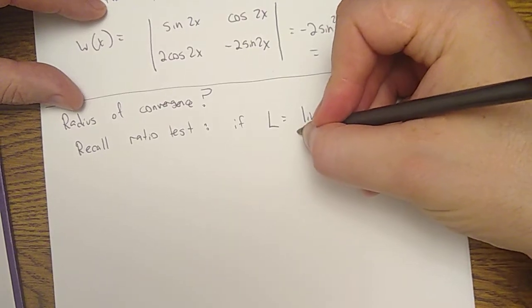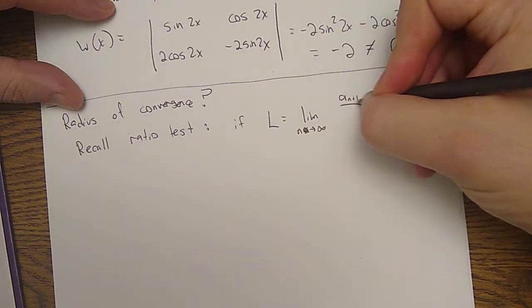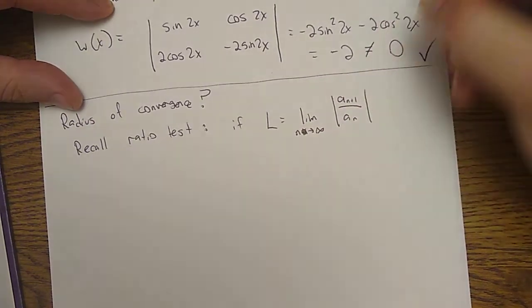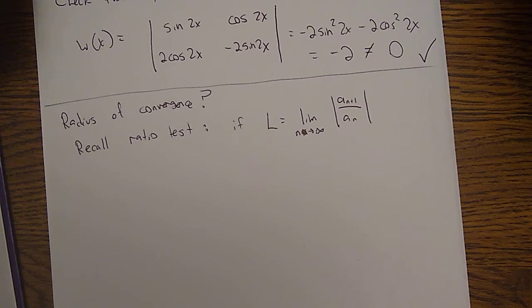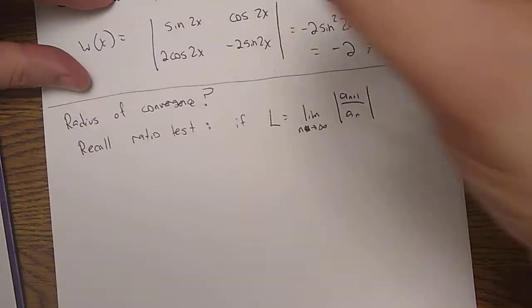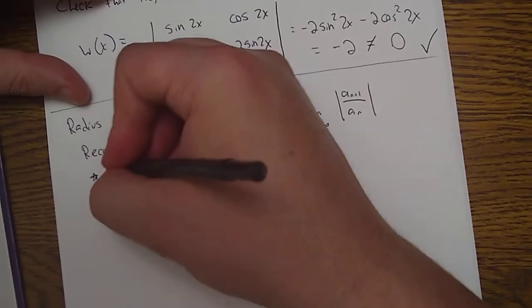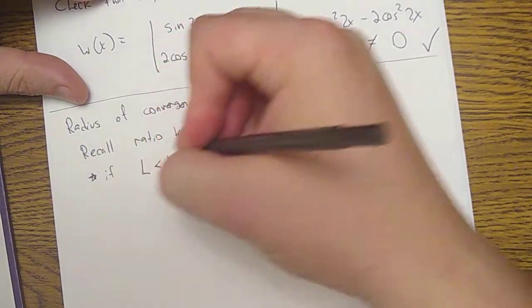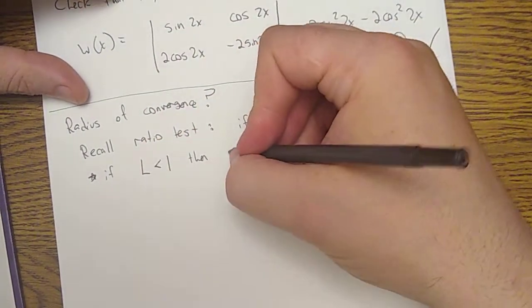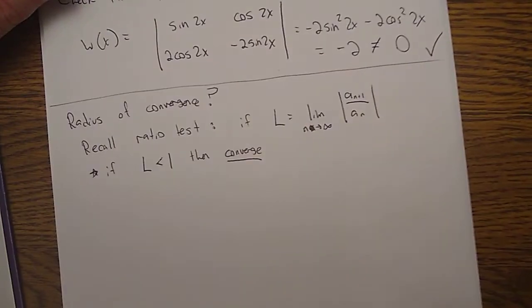If the limit as n goes to infinity of the absolute value of the ratio of two consecutive terms of a series, if we call that L, if L is strictly smaller than 1, then the series converges.